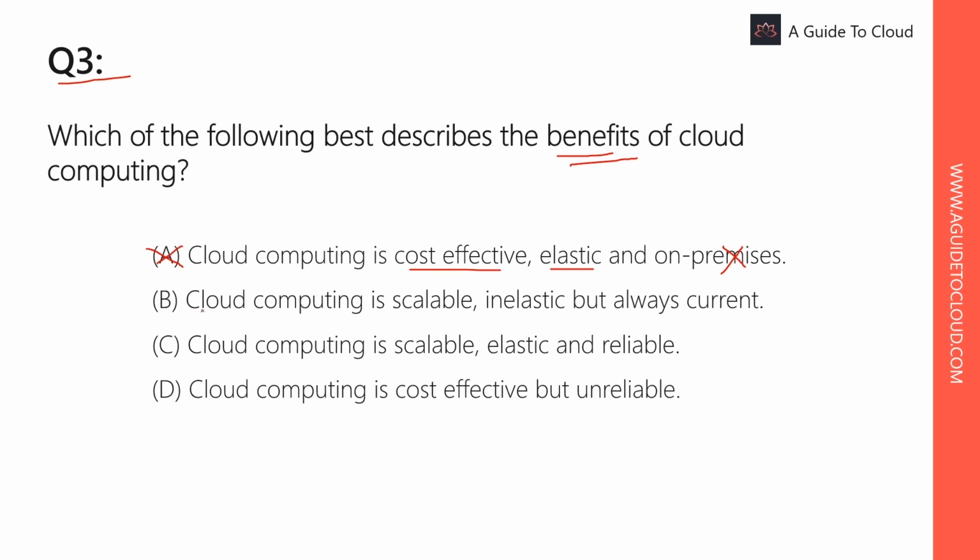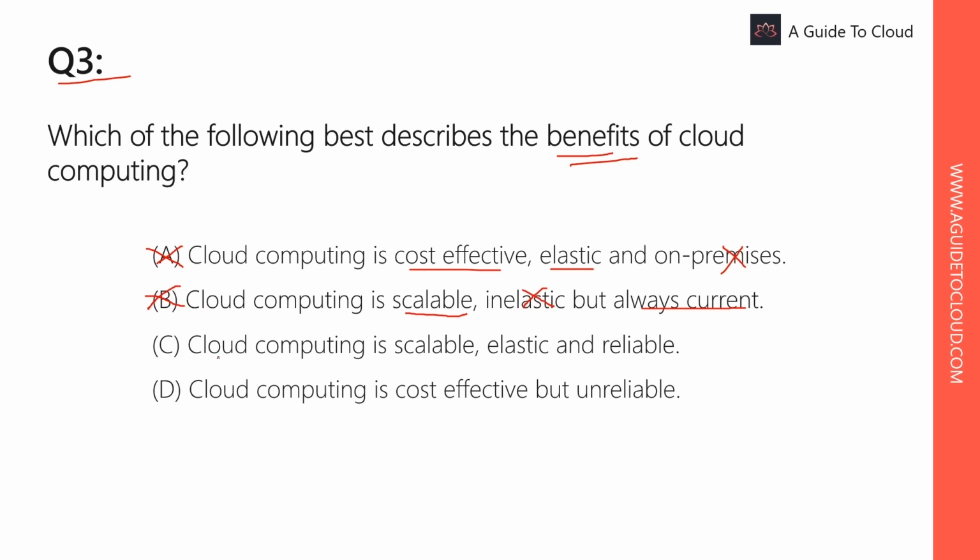The second statement is cloud computing is scalable, inelastic, but always current. Again, scalable is correct. Always current is correct. Inelastic is wrong. So I'm eliminating this answer as well. This is not correct. Cloud is elastic.